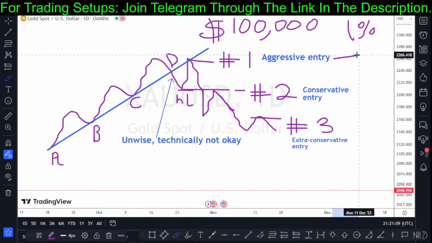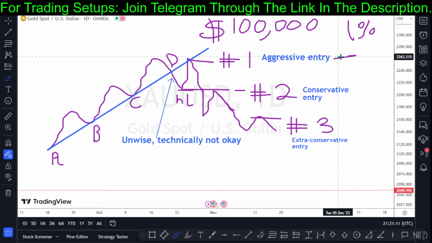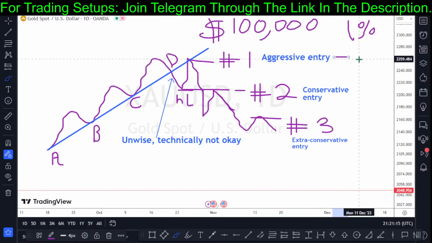So at this first entry right here, you could just make an entry of like $200 right here. So when the trend comes to this level again, you can add $200 to your position right here.